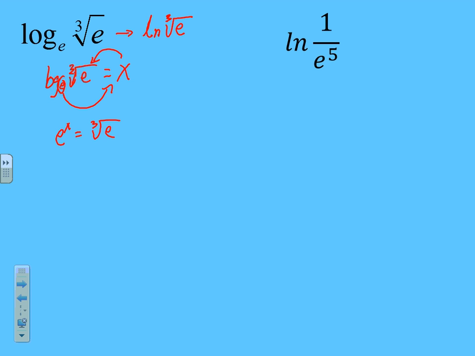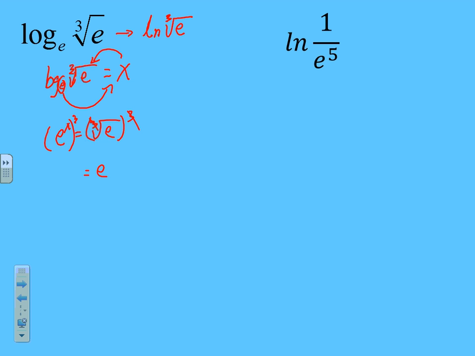Okay, now, back on the same page. What we're trying to do is, again, see if we can get a common base. Obviously the common base is going to be e, so how do I get that e out from underneath the radical? That means I have to cube both sides. So the cube and the cube root will cancel each other out, which will leave me just e on the other side.